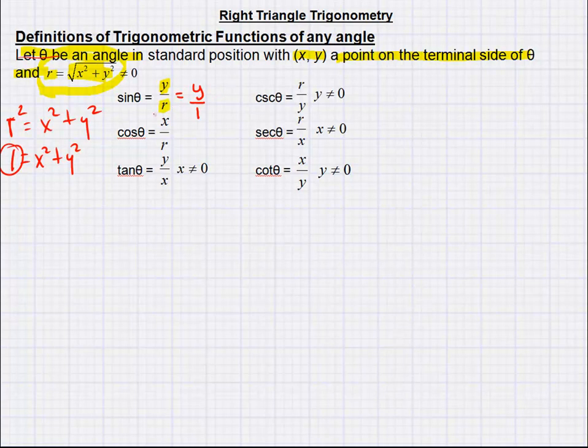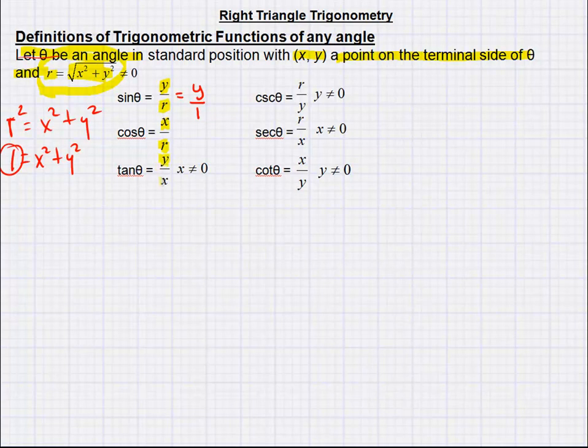So this is very similar to the formula we were using before, but now r could be anything, so I have to worry about dividing y by numbers other than 1, which does make a big difference. Cosine is going to be x over r. Again, same reason. It was just x on the unit circle, but now r is not going to be 1.